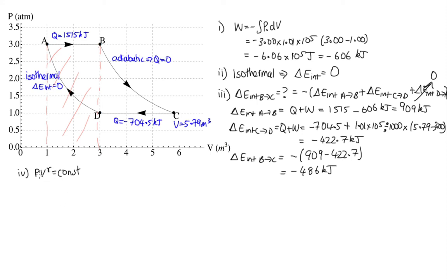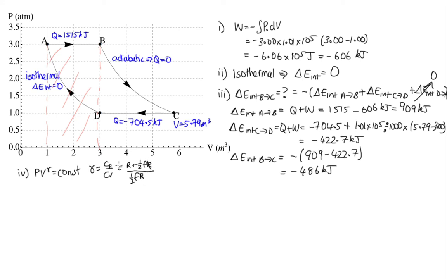Okay, so P and V are variables, so we can't calculate them, but gamma, that's a constant, and it is equal to Cp on Cv, and we know that Cp is R plus a half Fr, and Cv is a half Fr.